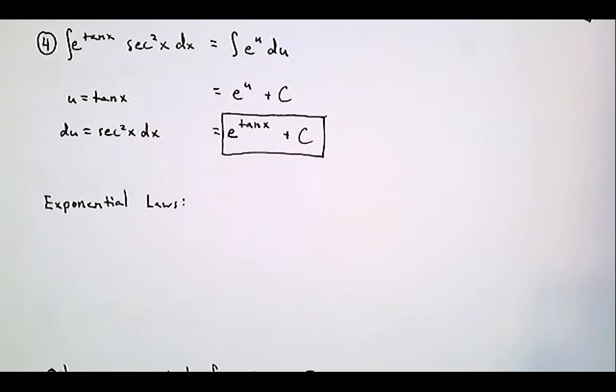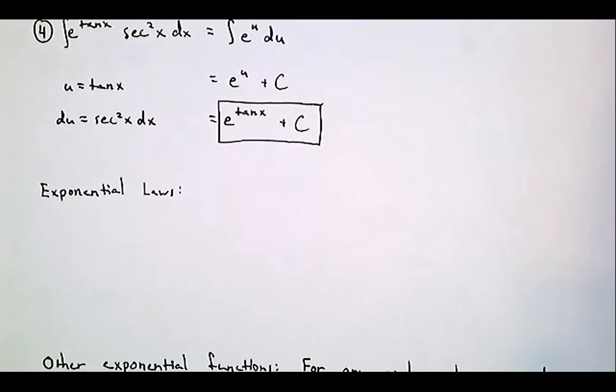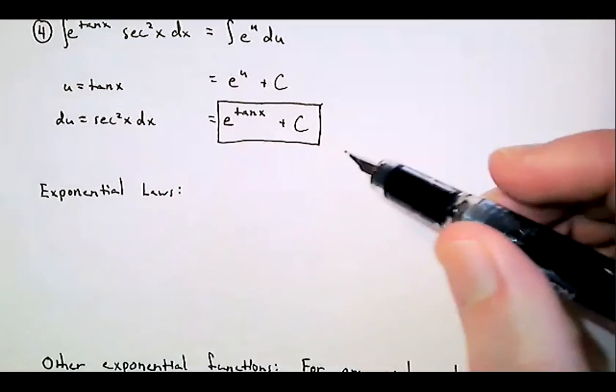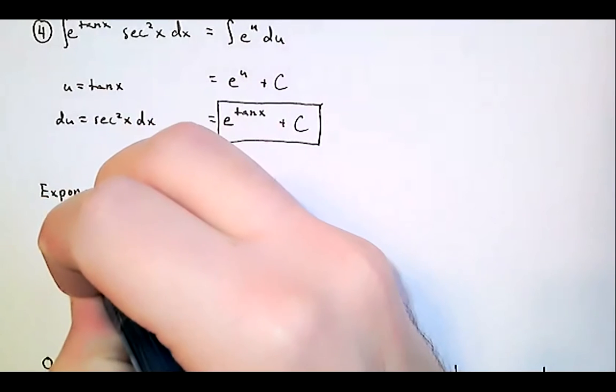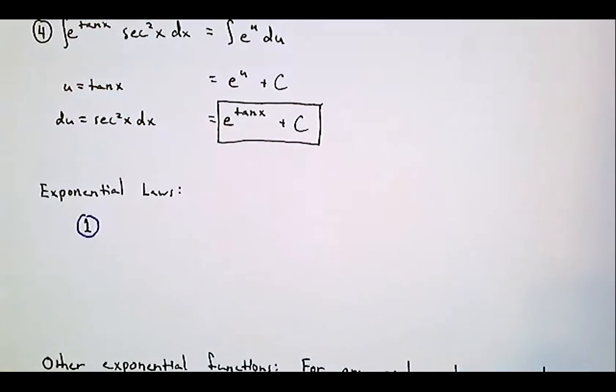So the exponential laws are probably things that you're already familiar with, and they look very similar to the properties of the logarithm or the logarithm laws. The first one, just to give you an example of what I mean, is this.